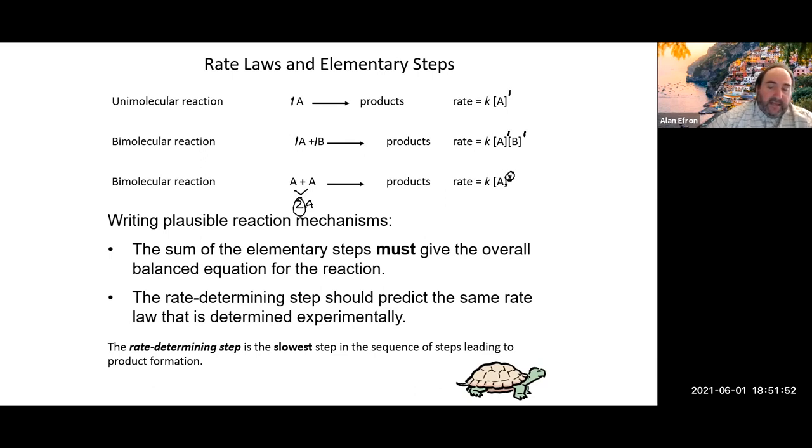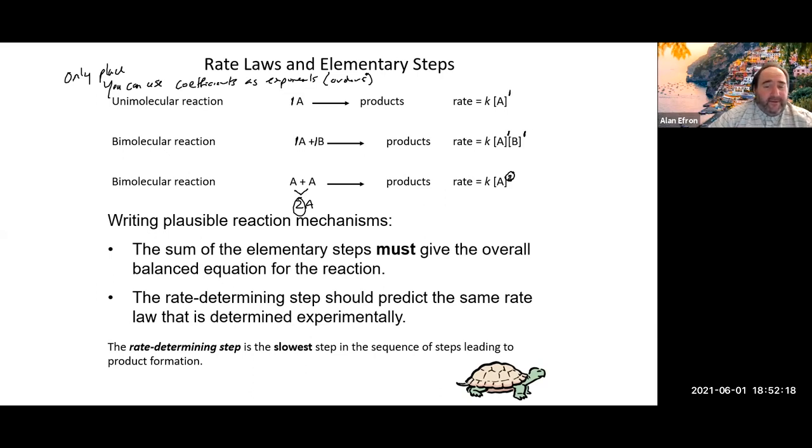And again, just to be very clear, this is the only place you can use the coefficients as the exponents, the orders. What we were doing at the beginning of this chapter, you cannot do that, and you should not do that on our final, because you would be doing it wrong.